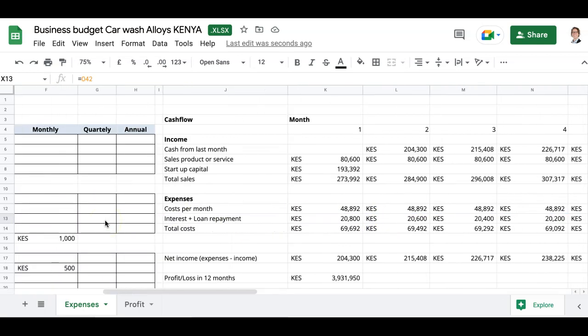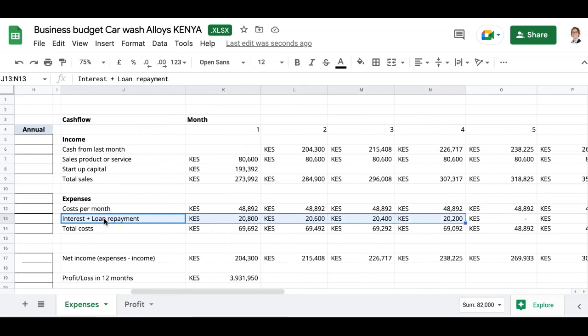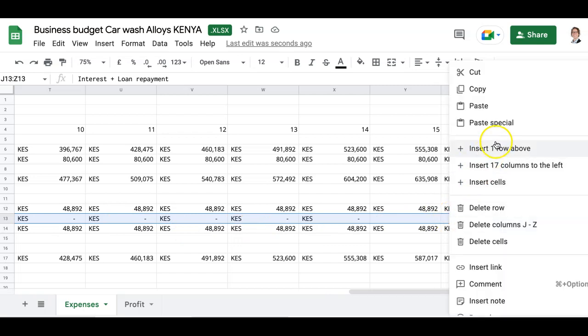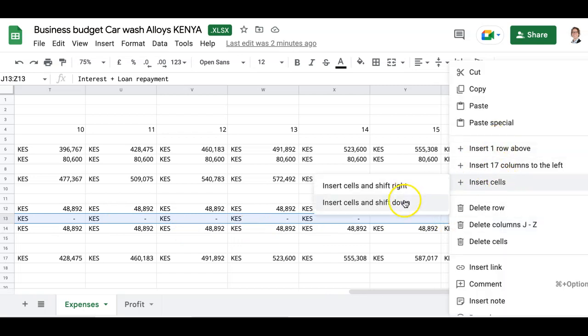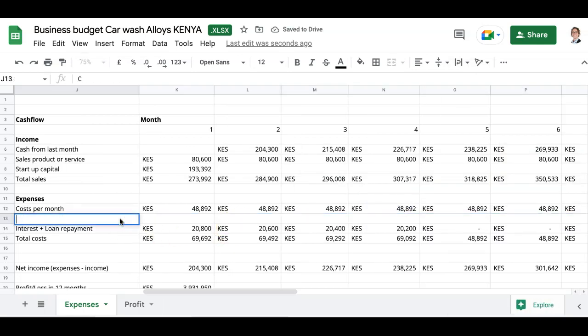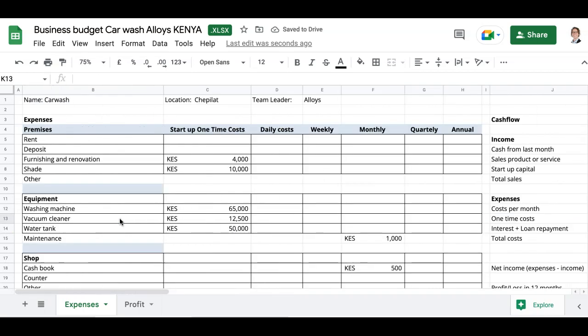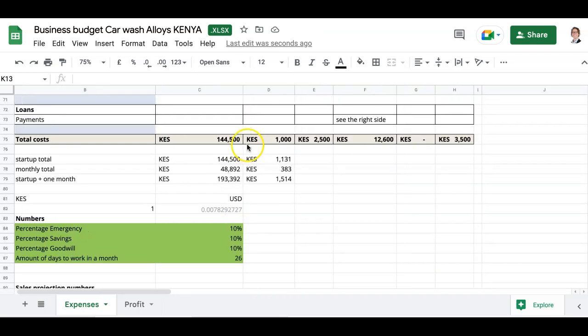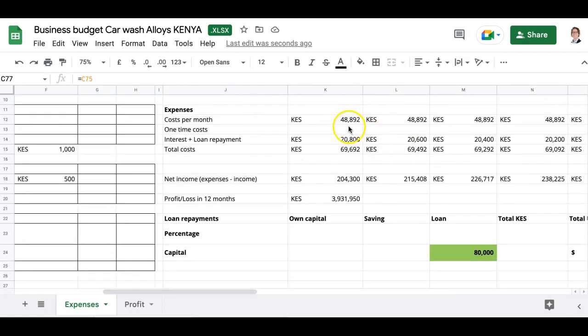Oh, because of course we have more than only that amount, because we also spent the one-time cost. Insert. So one-time costs. So the one-time cost in total are 144,500, yeah, is this amount, is C75.